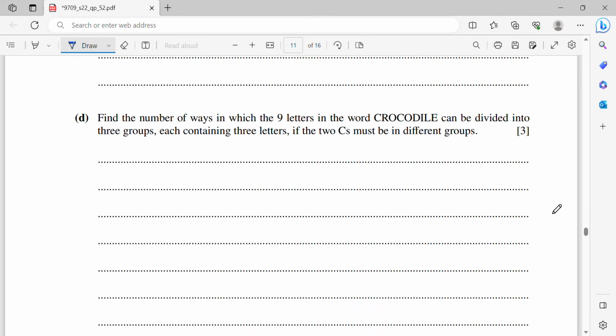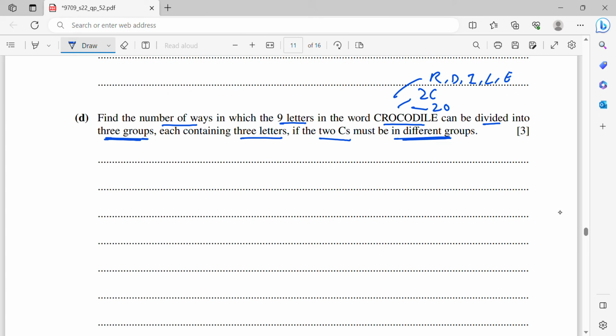Okay, now D. Find the number of ways in which 9 letters in the word crocodile can be divided into 3 groups, each containing 3 letters, if the 2 C's must be in different groups. Okay, so now our concern is the C. So I will have 2 C, 2 O, then I have R, D, I, L, E. Our concern is 3 groups.